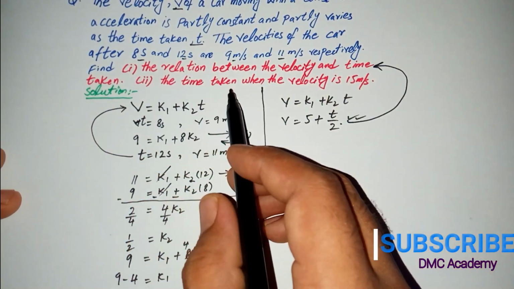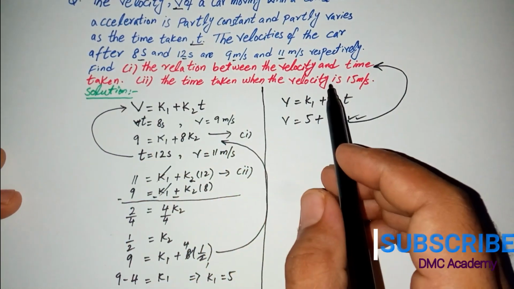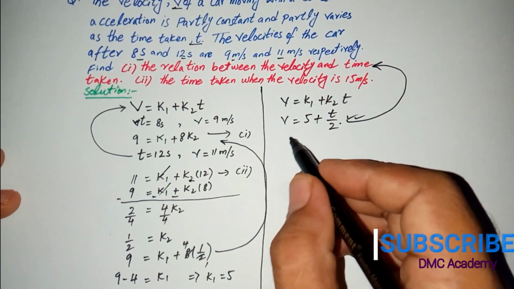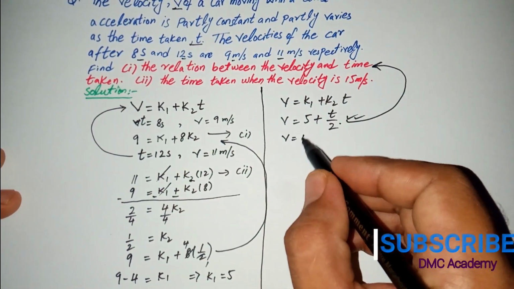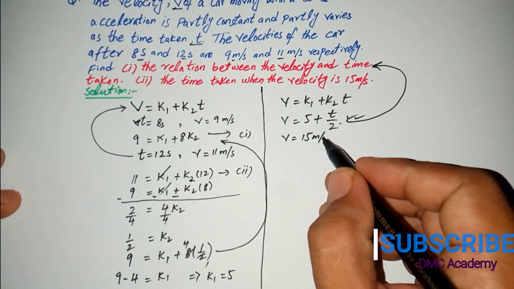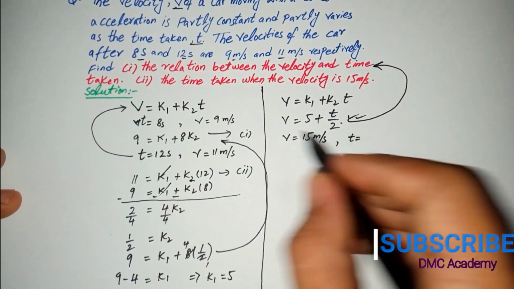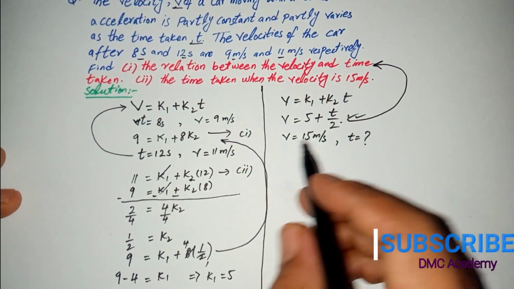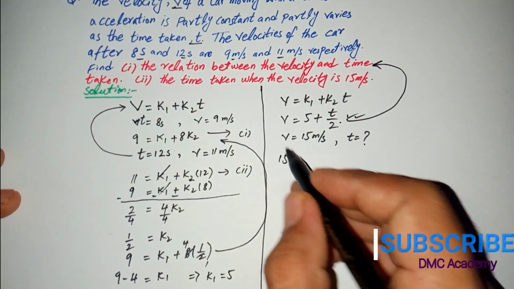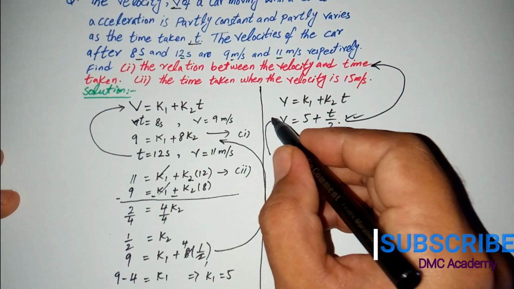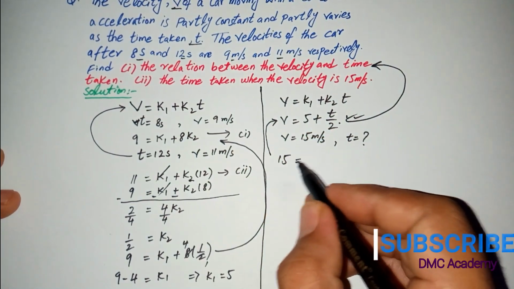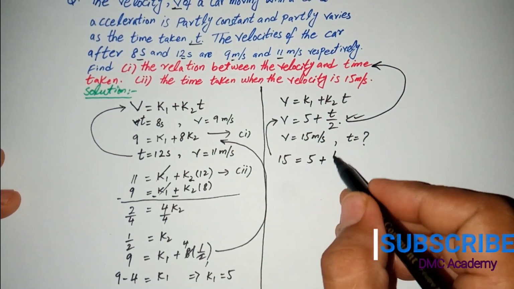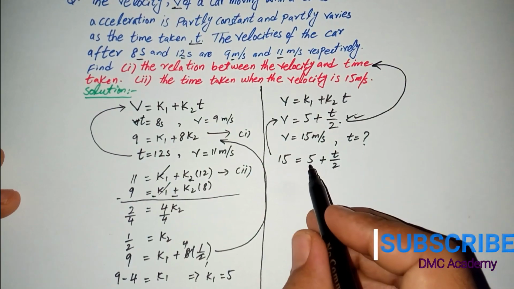Number 2, the time taken when the velocity is 15 meter per second. So we have to find the time when velocity is 15. Let us put this value here. V is 15, so 15 equals 5 plus T by 2.